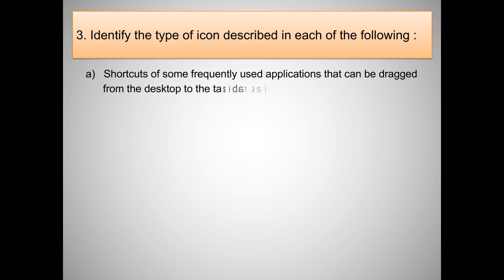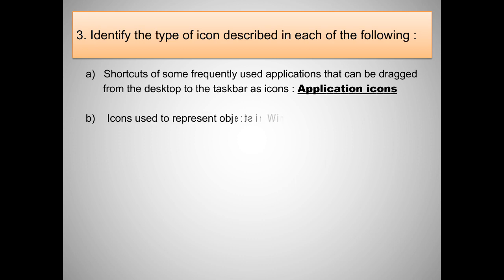So, which icon is used? That is required frequently used application which can be dragged from the desktop to the taskbar. It is application icon. Icon used to represent objects in Windows. Which icon? Object icons.